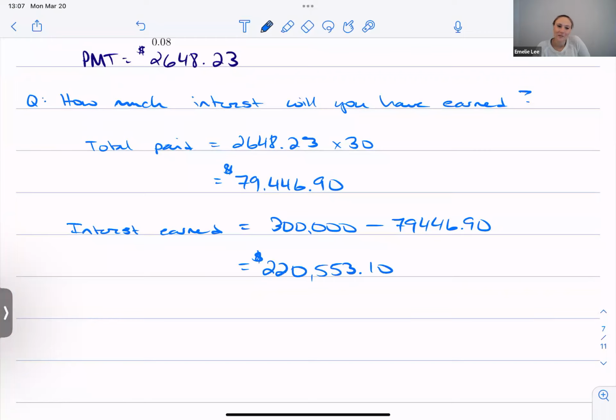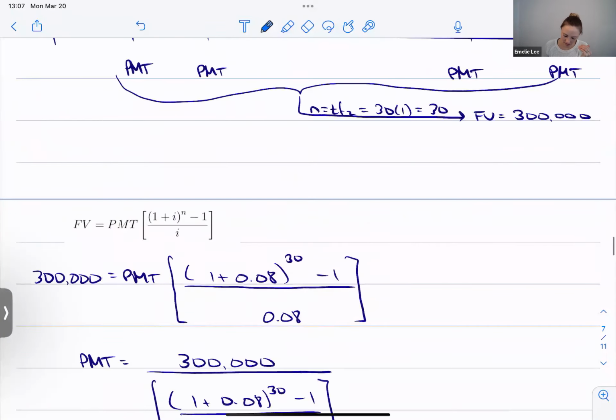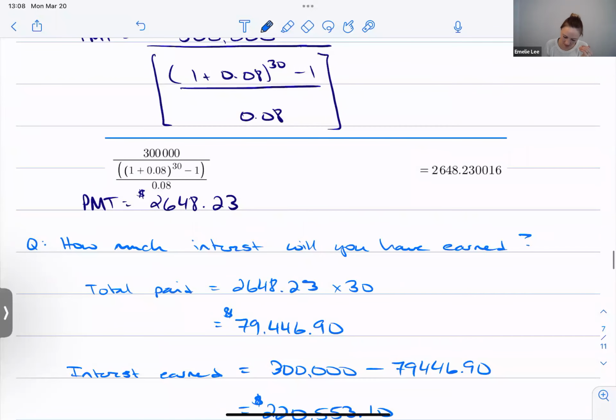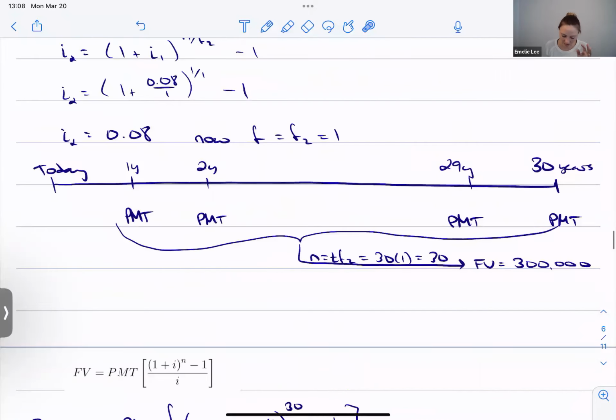Pretty good, right? Because that first payment that you make, and each payment we found was 2,648 and 23 pennies, so 2,600 roughly, sits there for 29 years, earning interest. Then the next 2,648 sits there for 28 years, earning interest.